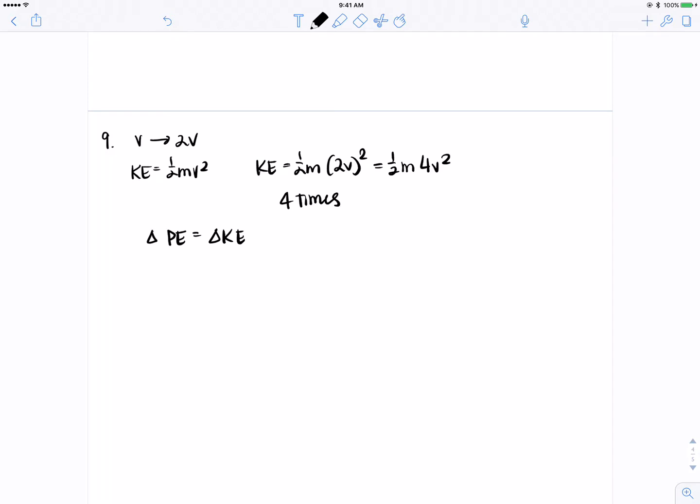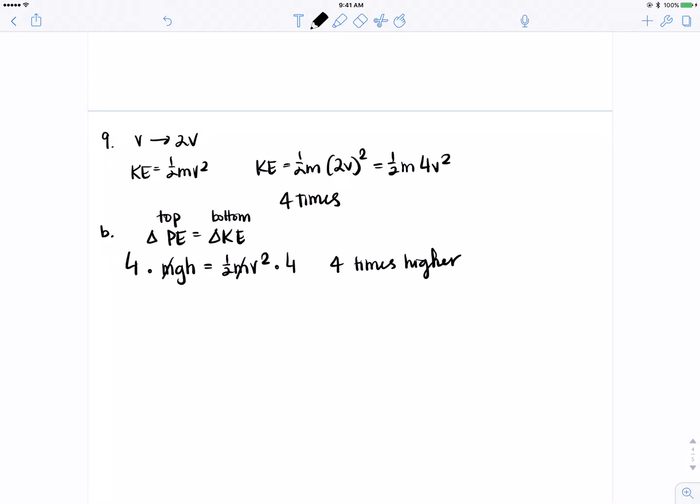Then I'm really working with this equation here of mgh equals 1/2 mv squared, where this is the top, where KE is 0, and this is the bottom, where PE is 0. Right, the masses cancel. But if the right side of my equation becomes 4 times larger, so say I multiply the right side by a 4, then I also need to multiply the left side by a 4. Okay, so the answer to 9b is 4 times higher.